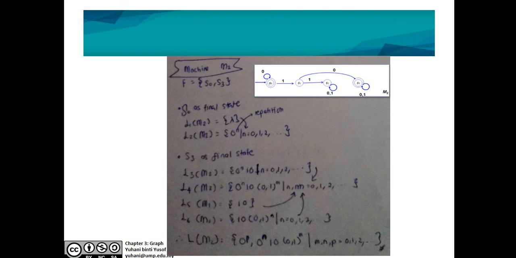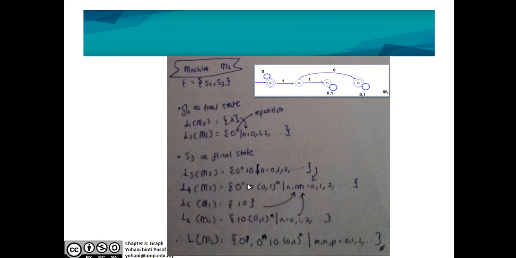The first one, either you have a loop here, then you take 1, then you take 0. That's why you have L3 for the machine M2. Or maybe you can have 0 repeated n times, 1 0, and then you have this kind of loop. 0, 1 means you can take 0 or 1 as the input, either one.